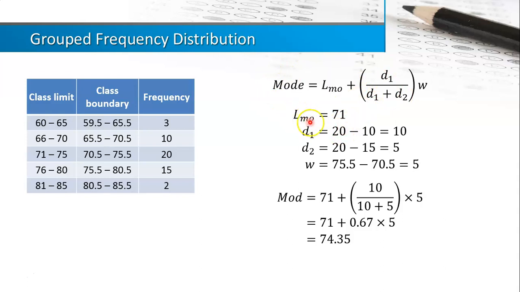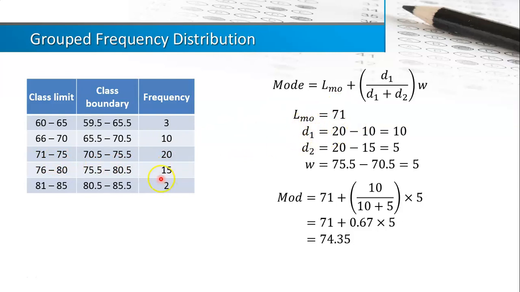And then the LMO refers to the lower class limit for the mode. So you look for which class has the highest frequency. You can see here this is 20, the highest frequency. So the mode class is 71 to 75, and the lower limit for the mode class is 71.